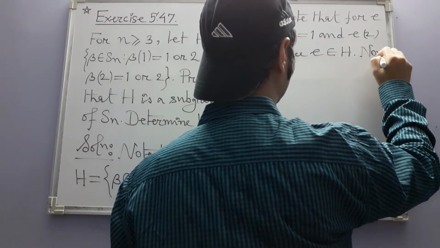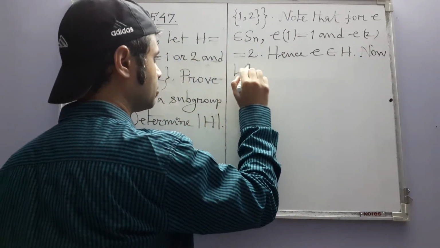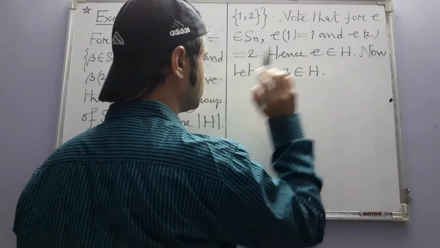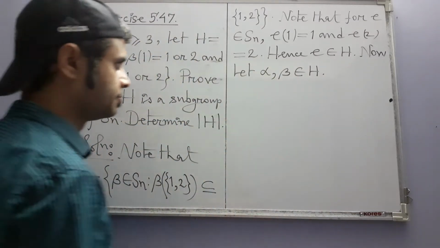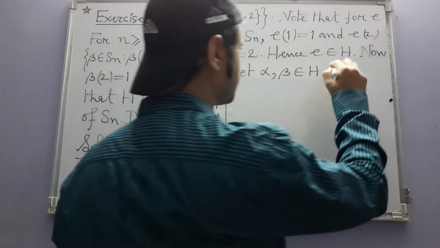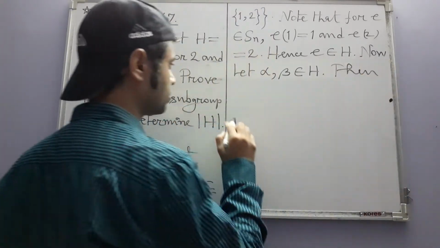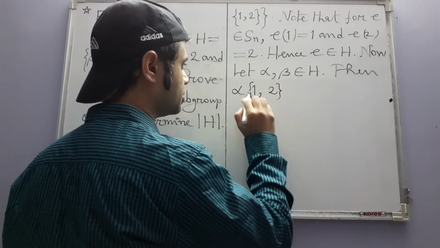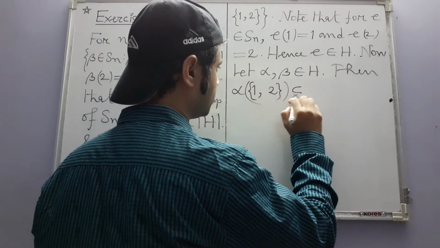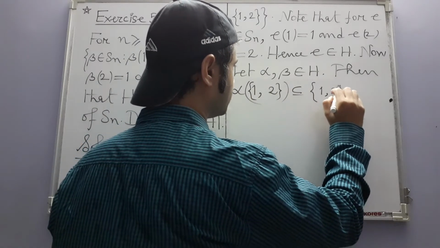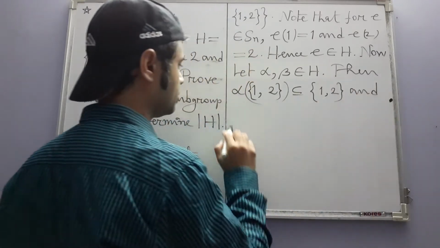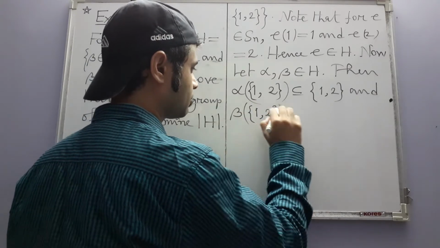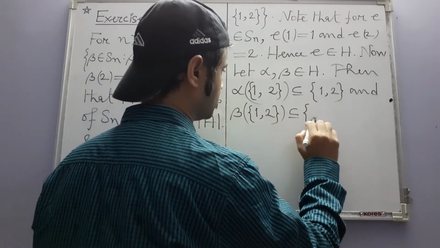Now, let alpha and beta be two elements in H. Then by this, the alpha image of this set consisting of 1 and 2 is contained in this set, and the beta image of this is also contained in this set.